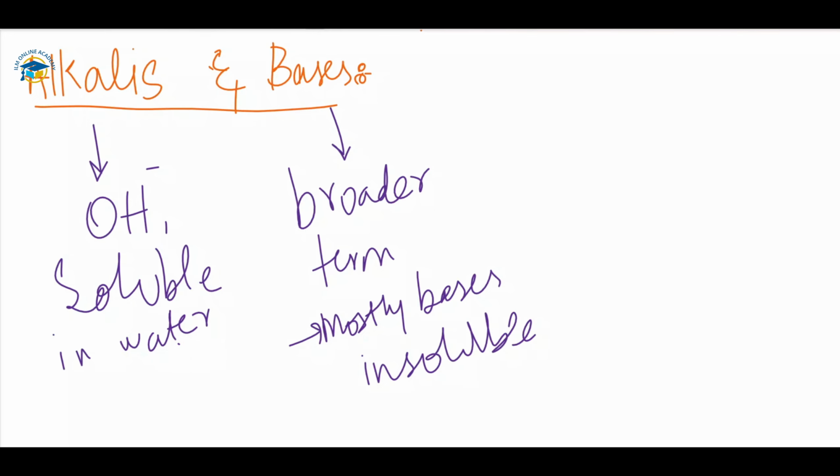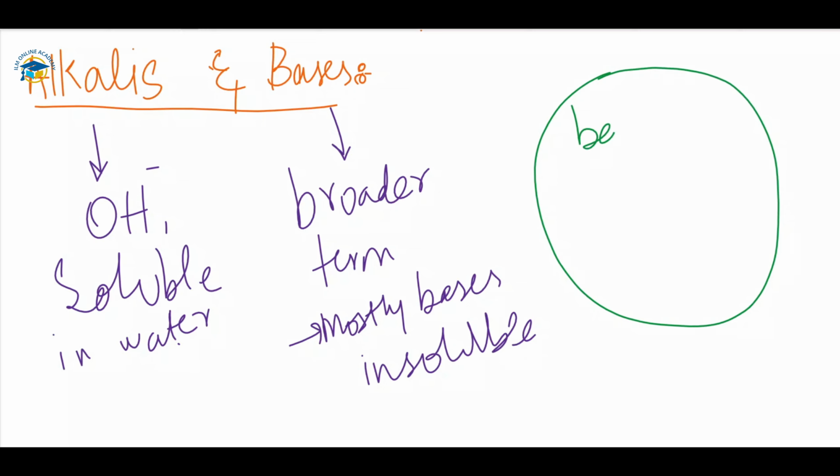So now I am here to draw the Venn diagram to show the relationship between all the alkalis and the bases. Suppose this is the Venn diagram for the bases. We have all the bases present here. Base is a broader term, and we have bases like oxides and hydroxides, like copper oxide, magnesium oxide, calcium oxide, sodium hydroxide, copper hydroxide, all of which can neutralize the acid.